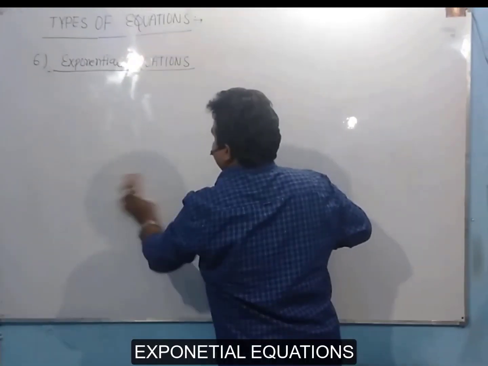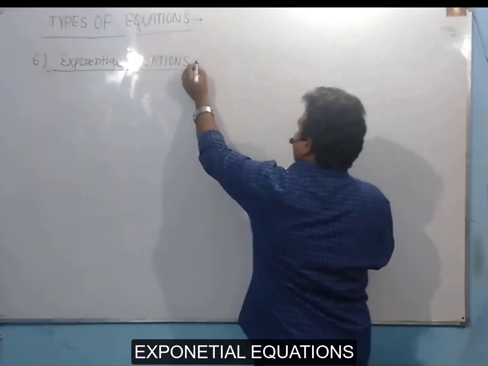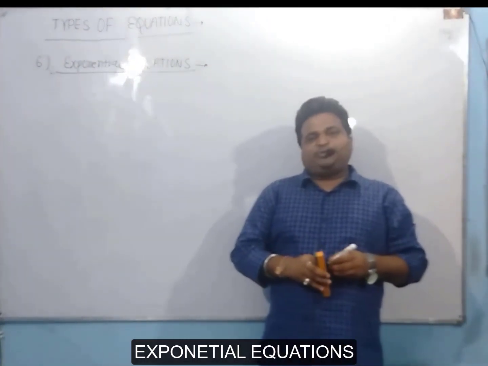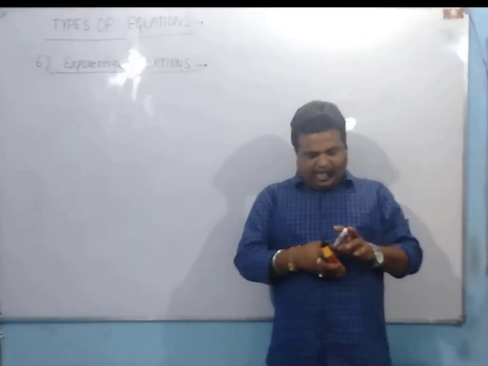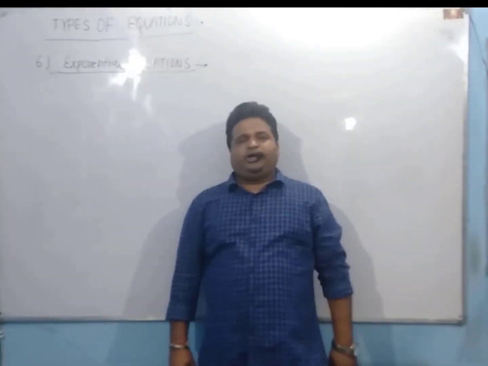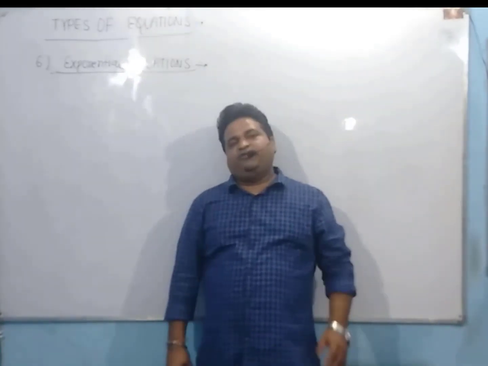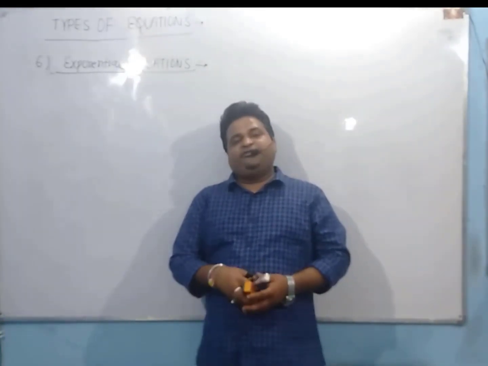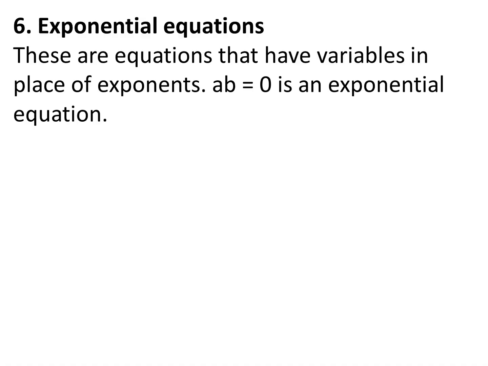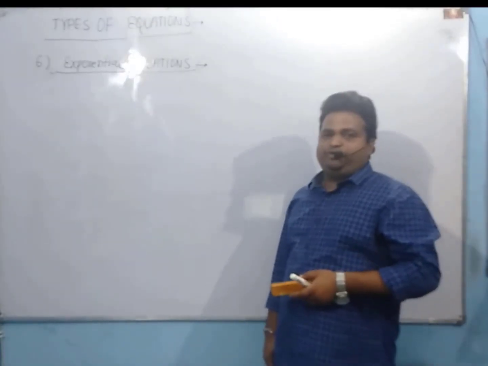In an exponential equation, the concept of solving is different. Here you will have exponent terms of variables, and then you segregate them first, then take log, equate the power and find out the variables. So there are different methods and approaches. These equations have a variable in place of the exponent.